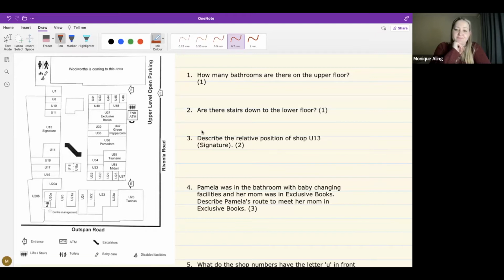I'm going to give you a couple of minutes to do question 1 and 2. Quick one-word answers, or short questions, short answers.